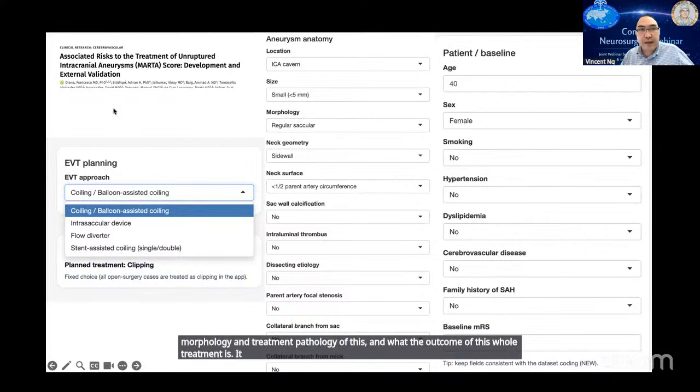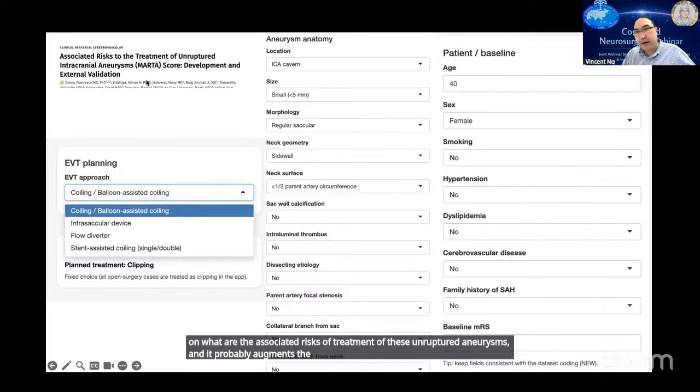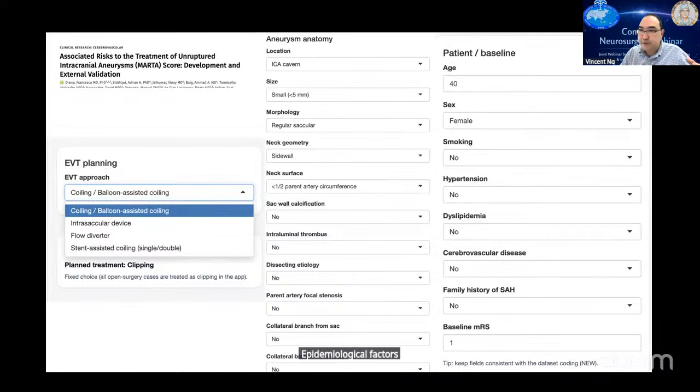It gives you an estimate, based on the study, of the associated risks of treatment of these unruptured aneurysms. And it probably augments the second part of the risk assessment, not only where you're looking at the patient's pathological factors, epidemiological factors, and the aneurysmal factors itself.